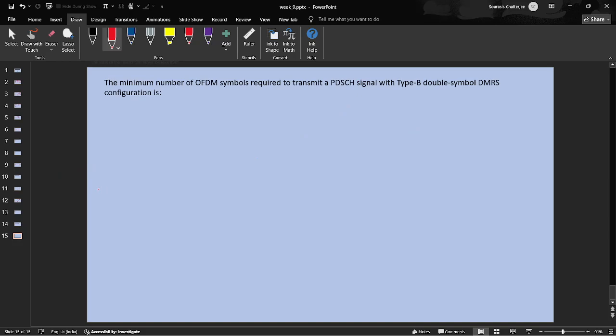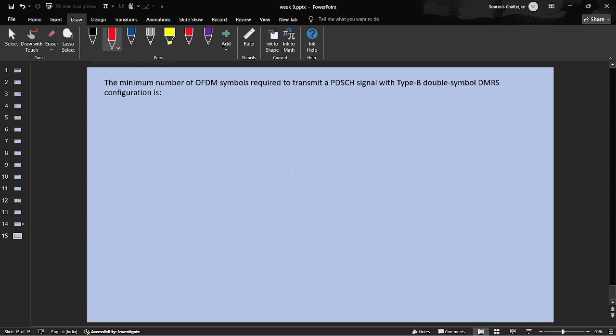And to end this session, the last question is the minimum number of OFDM symbols required to transmit PDSCH signal with type B double symbol DMRS. For that, we have to refer to the table for type B double symbol DMRS.